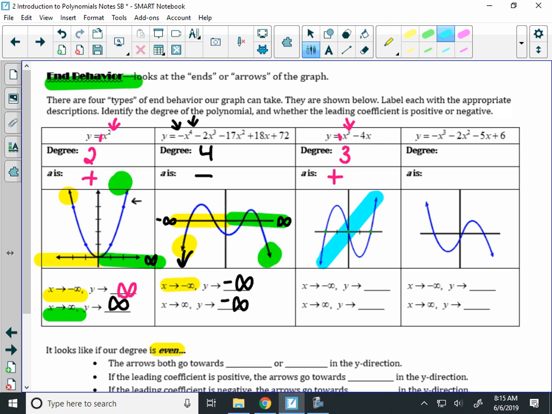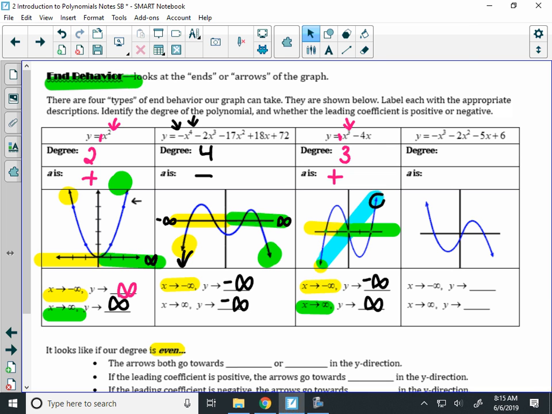Now, let's talk about end behavior. As my x's go to negative infinity to the left, my arrow down here is going down towards negative infinity. As my x's go to the right, to positive infinity, the arrow's going up towards positive infinity. So this one with an odd degree, the arrows are going in opposite directions.